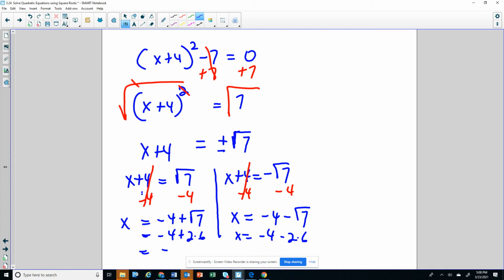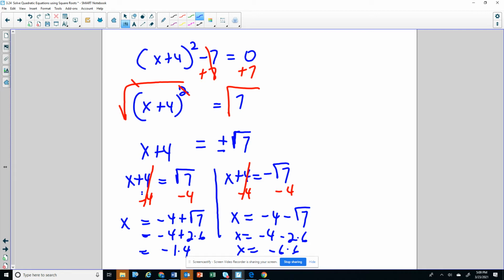I just used mental math on that one. And x is going to equal -6.6. All right, so we're going to graph this now on Desmos and see if we get the same answers. My zeros are -1.4 and -6.6. Let's see if this is correct. I hope it's correct.